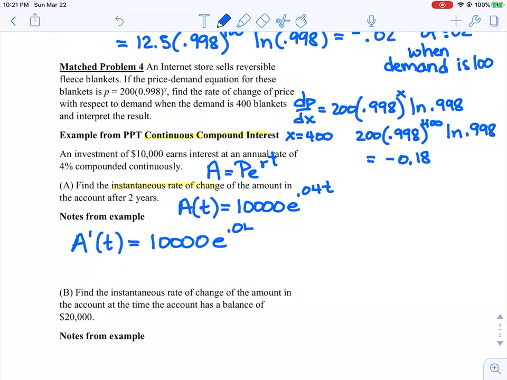So e to the x is e to the x, but we have to then take the derivative of that exponent, which is 0.04. Simplify this just a little. And then we evaluate that at 2 years.